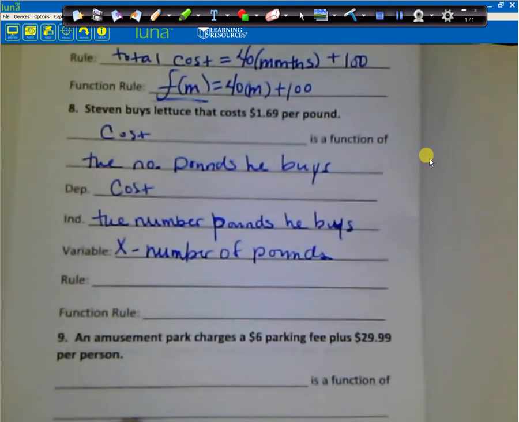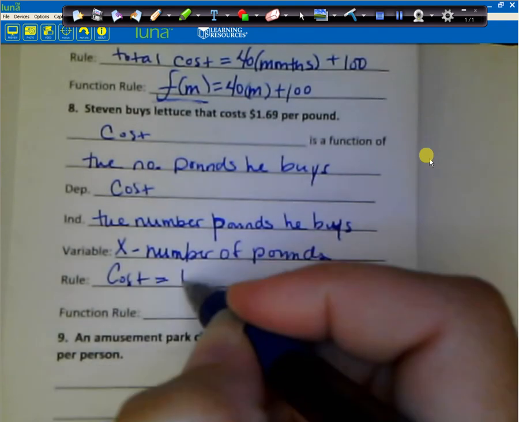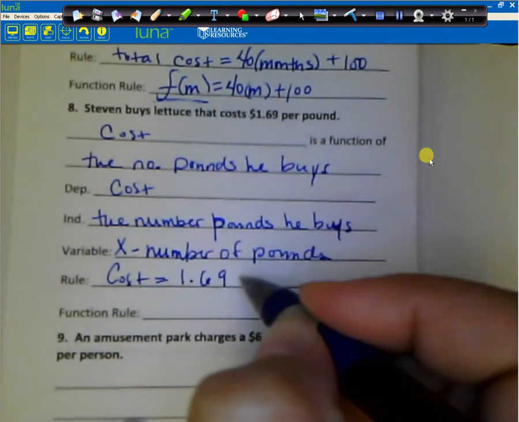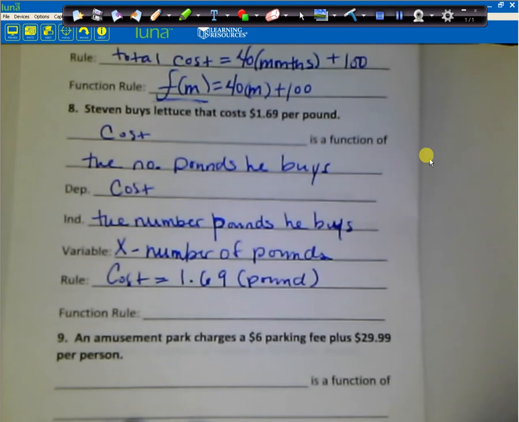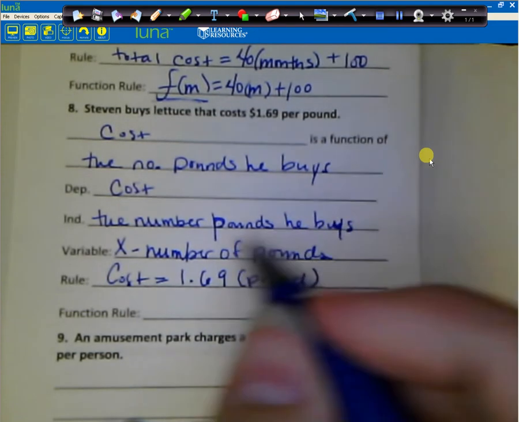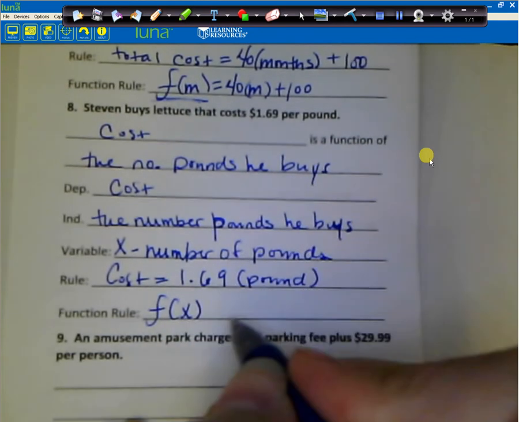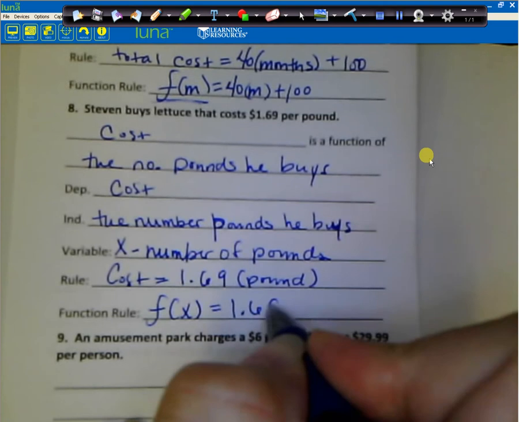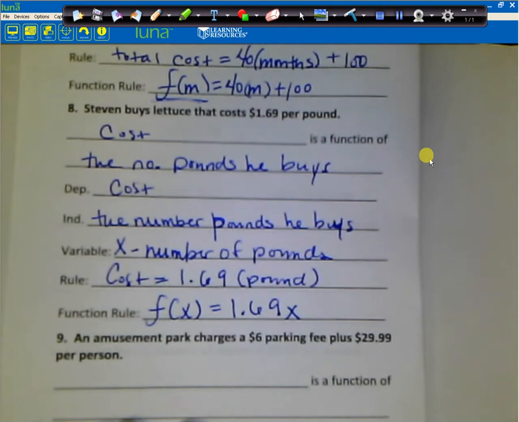The rule is that the cost equals $1.69 per pound. So in function notation, our function rule is going to be f of x, which is just the name, equals $1.69x, and that's how we'll find out the cost of Stephen's lettuce.